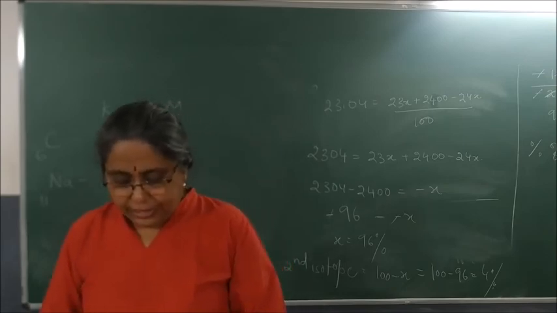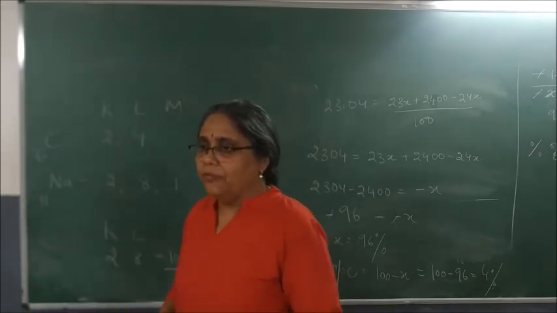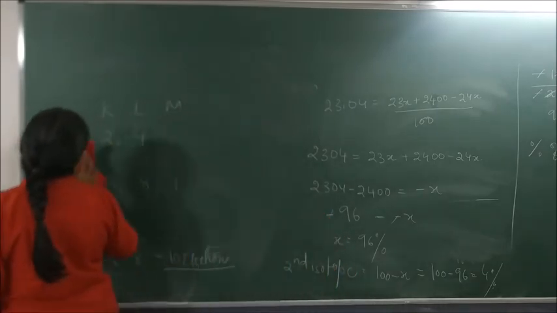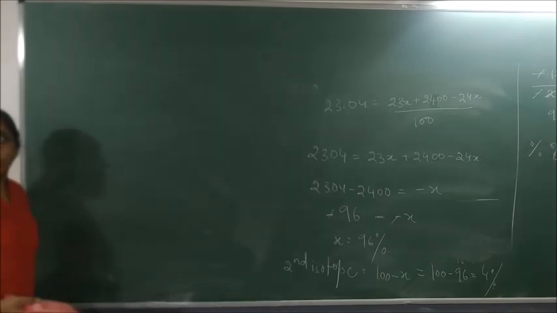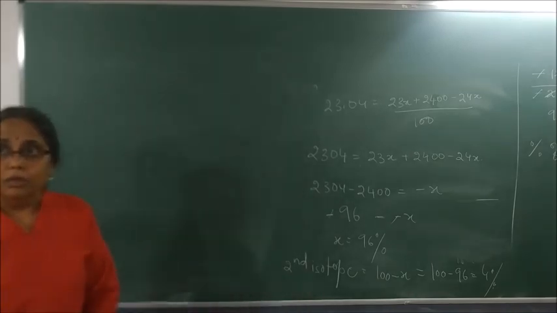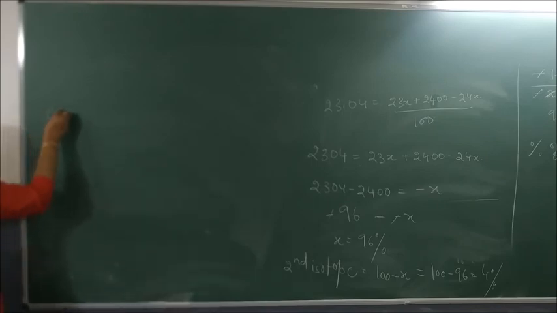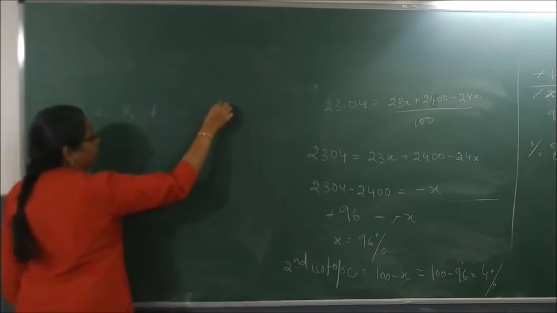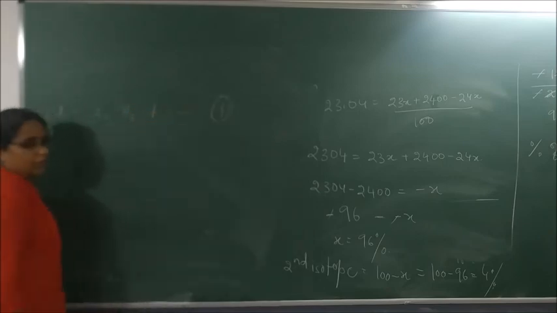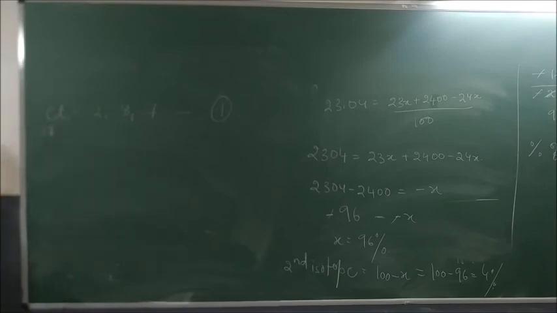How will you find the valency of chlorine, sulfur and magnesium? First we will talk about chlorine. Chlorine is 17. Configuration you know: 2, 8, 7. Valency 1. Why 1? 8 minus 7.